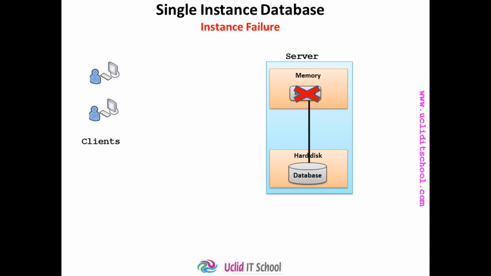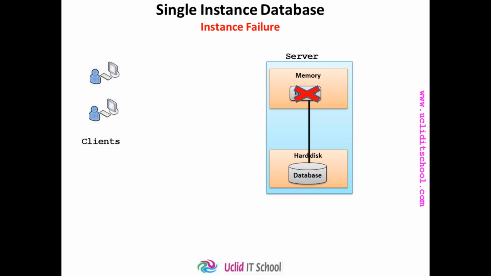Or power failure. Of course, this is very unrealistic. In real time, we'll have power backup, but that could be one of the reasons. Sometimes the power backup may not work, so it may cause fluctuations, right? So anything in the memory is gone.